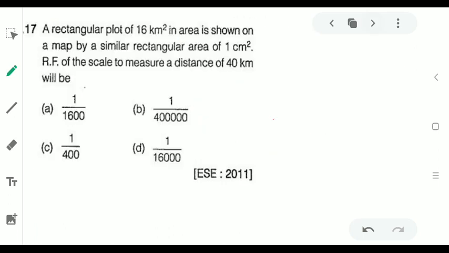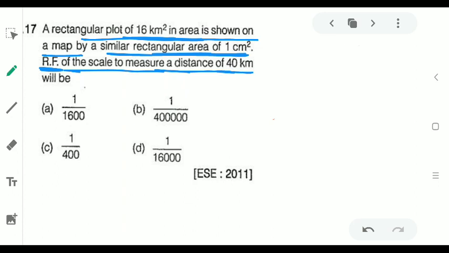Now moving on to the next question, question number 17. A rectangular plot of 16 km square in area is shown on a map by a similar rectangular area of 1 square centimeter. The representative fraction, that is RF, of the scale to measure a distance of 40 km will be.